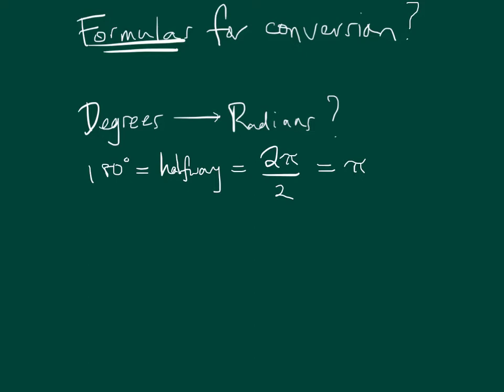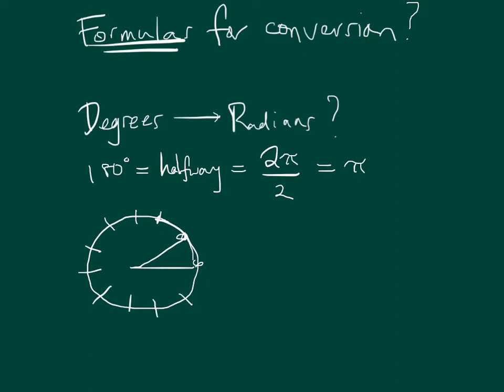A formula for conversion. I don't want to have to play this little game of imagining a runner and thinking how far they're running around. The basic idea is if I have some degree angle measure, this is some subdivision, some number that's dividing the unit circle.